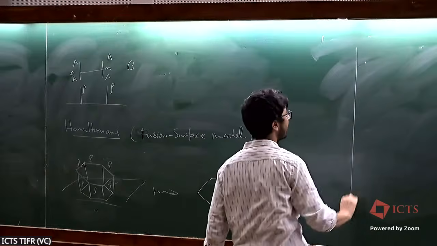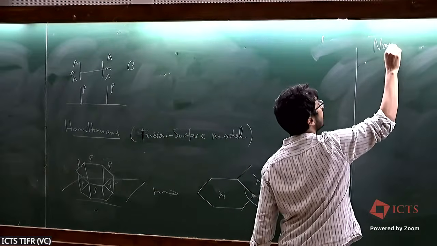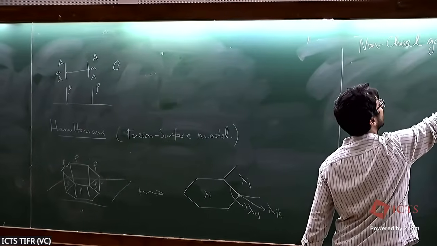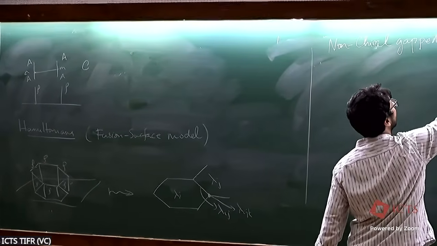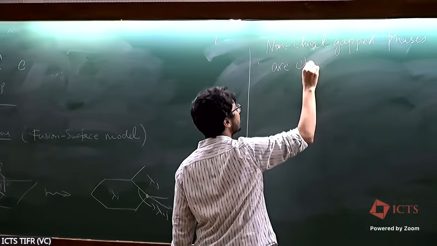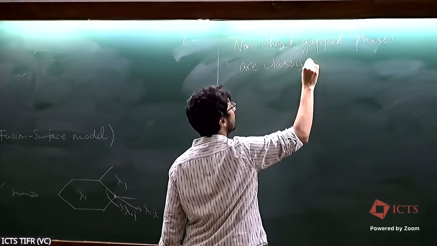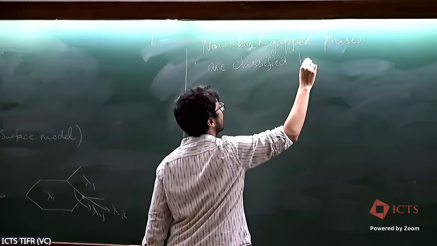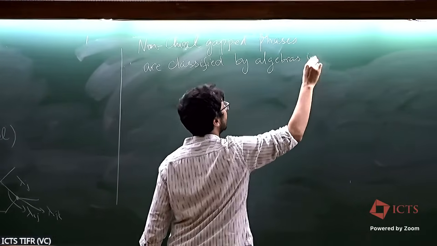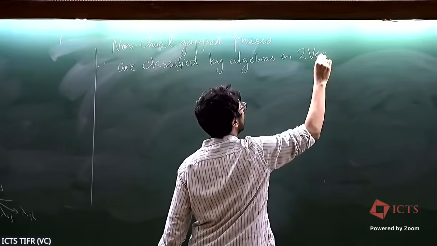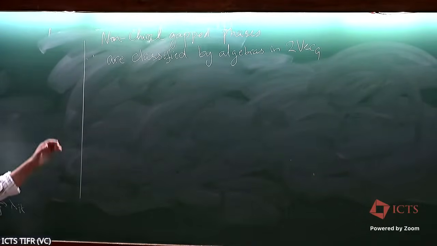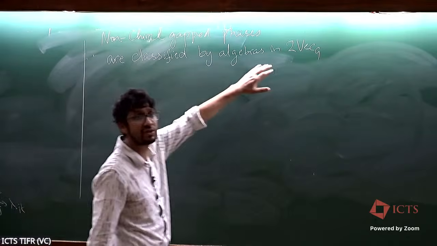So one can construct Hamiltonians, non-chiral gapped phases. They are again classified by, just like Hamiltonians here were classified by Frobenius algebras, algebras in this 2-category.